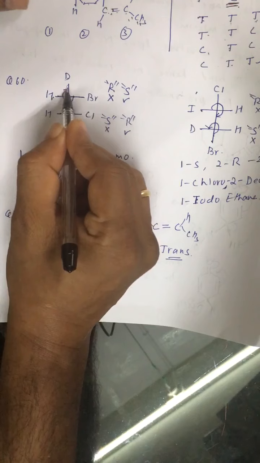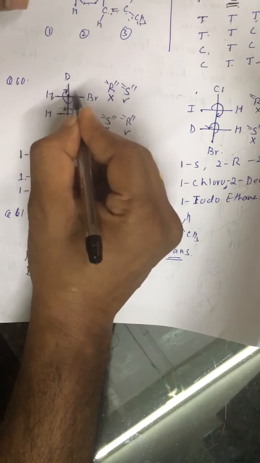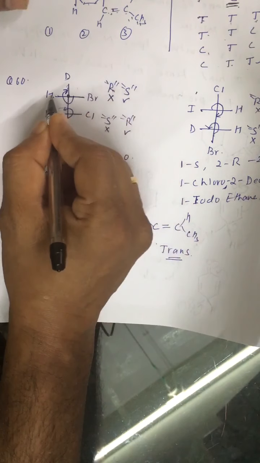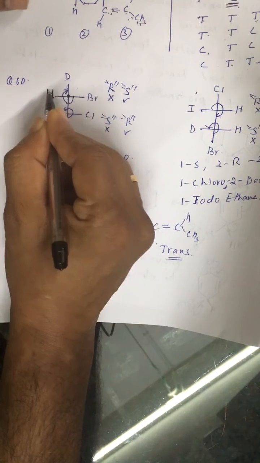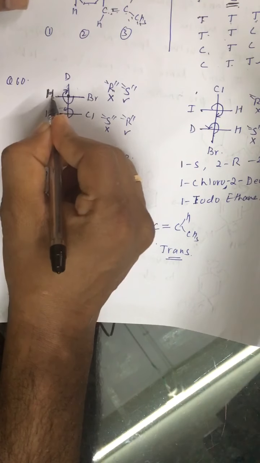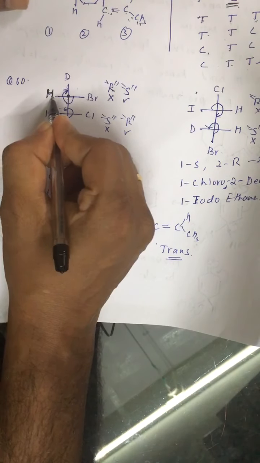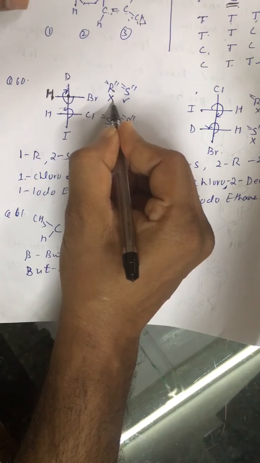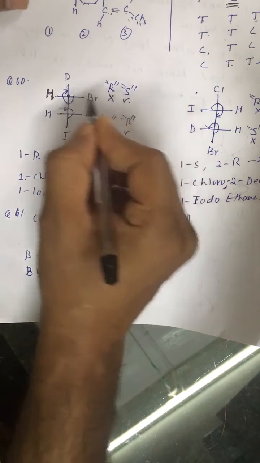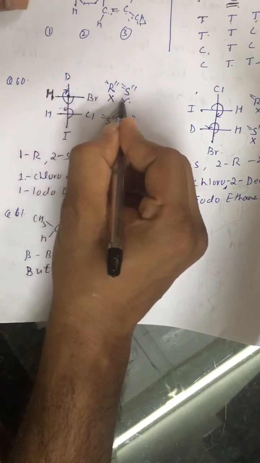While moving from 1 to 2 to 3, we are getting clockwise notation, R. But since in the structure hydrogen is on horizontal position, if the juniormost group is on horizontal position, whatever notation you get, you have to change it to the opposite one, that is S. So on this carbon atom we are getting S.